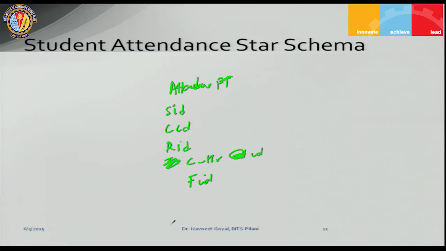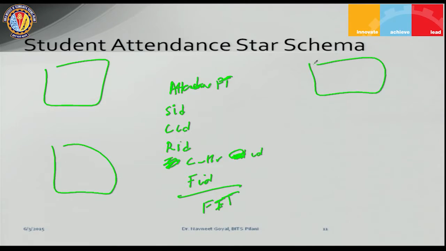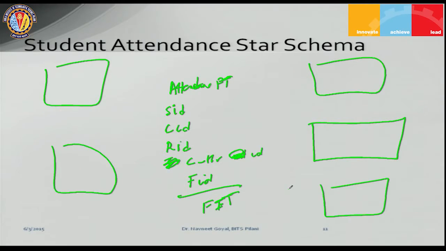Okay, and you can see that this is a factless fact table because there are no facts that I can attach to this. So this is student, this is course, this is room, this is class hour, and then the faculty. Faculty is also called instructor in some cases.